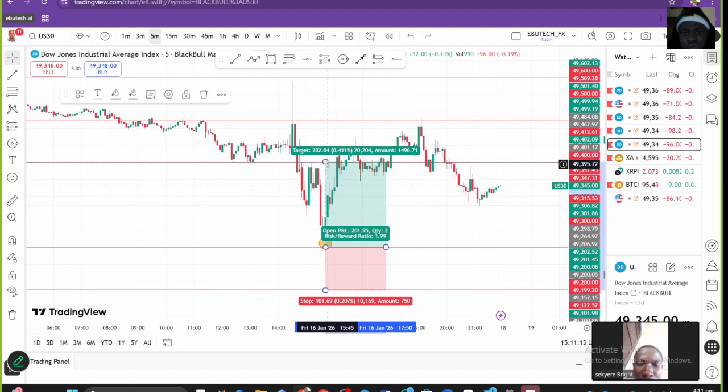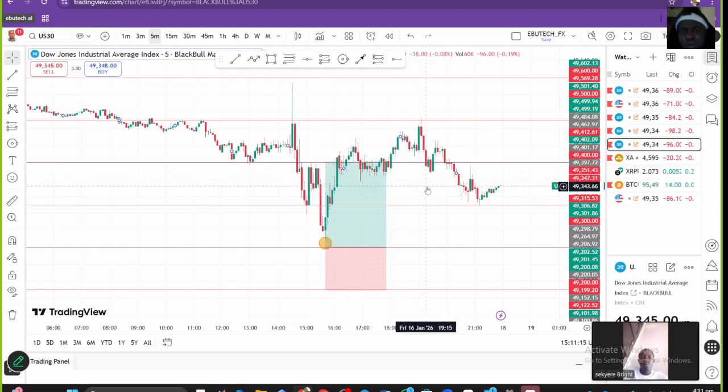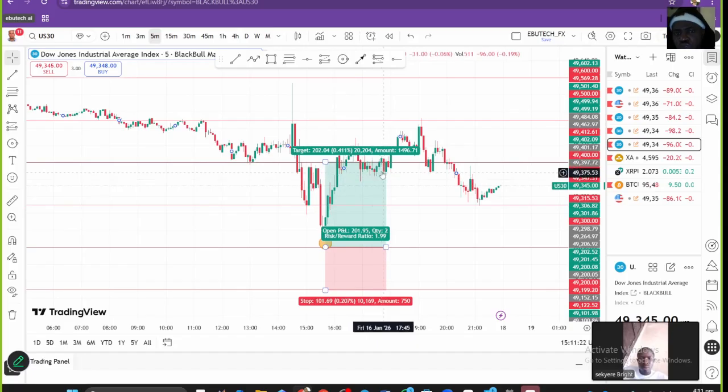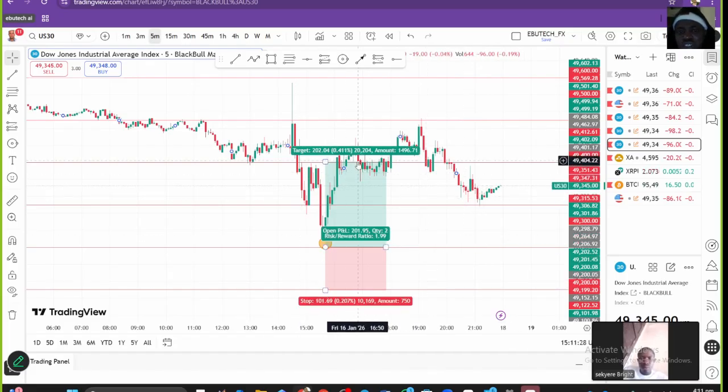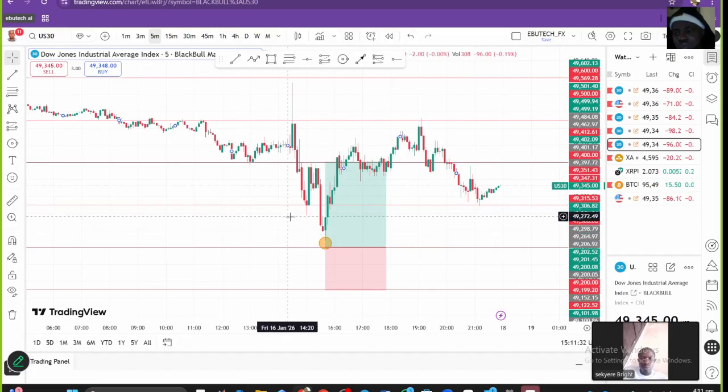So that's what you are expecting from this market. Once this market hits your take profit, it will take you out automatically once you put your take profit and stop loss. You don't need to do anything. Once it hits your take profit or stop loss, it takes you out automatically.